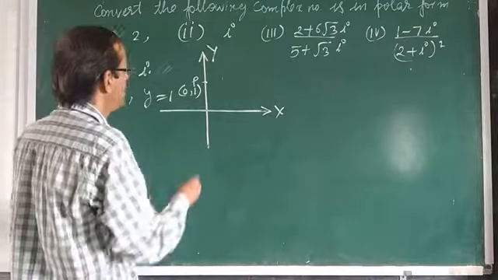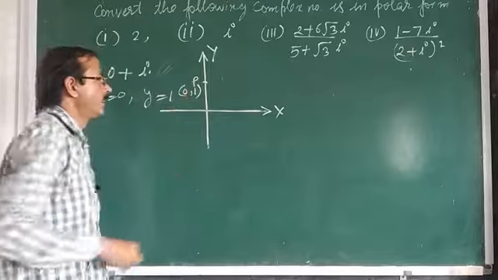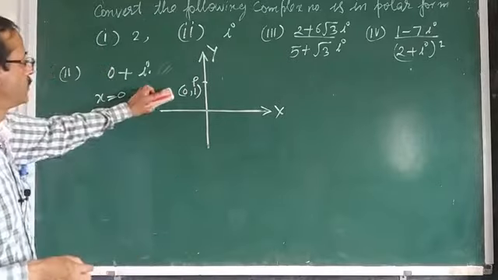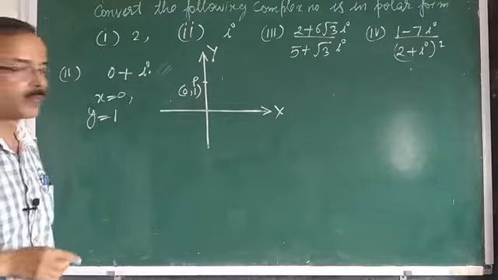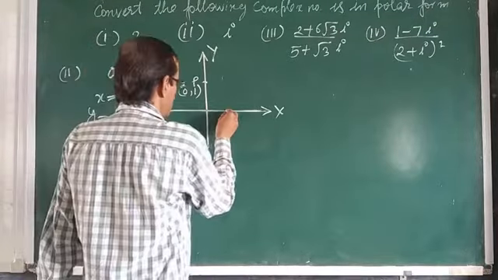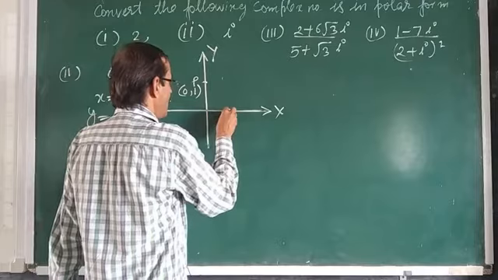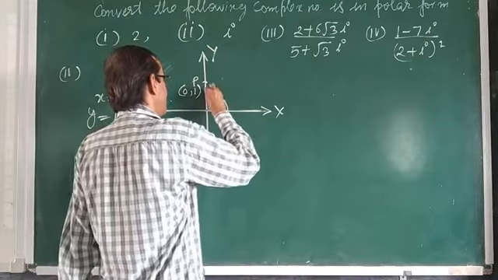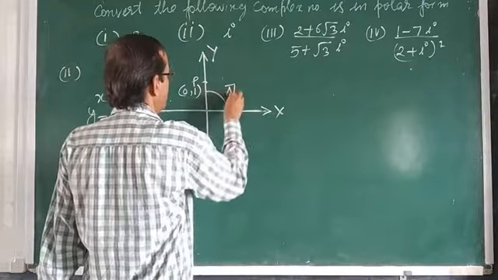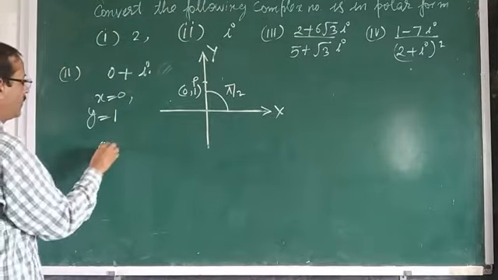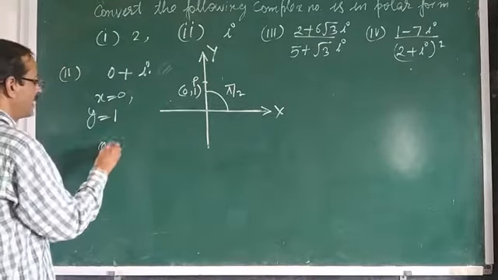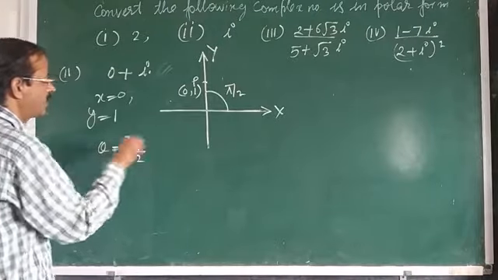The coordinate of P will be 0, 1. If we see the angle from the x axis, we will find that it is pi upon 2. So the argument of this complex number will be pi upon 2.